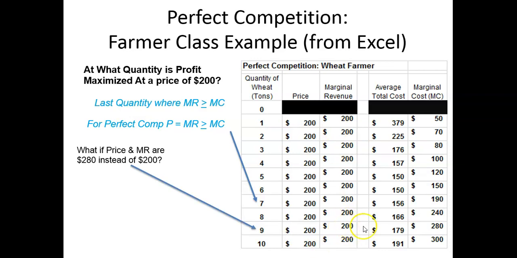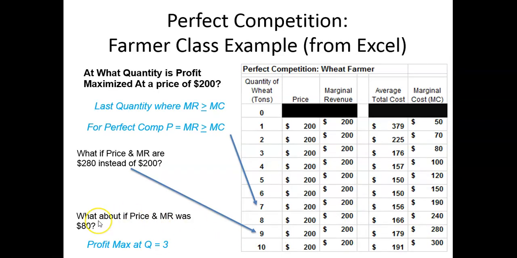Because if this was 280, and this is 280, even though our economic profit doesn't go up when we produce the 9th ton, remember the mantra, 0 economic profit is enough. That means our accounting profit went up by enough to justify making and selling that 9th ton. So that's where we maximize profit. Marginal revenue equals marginal cost, 9 tons.